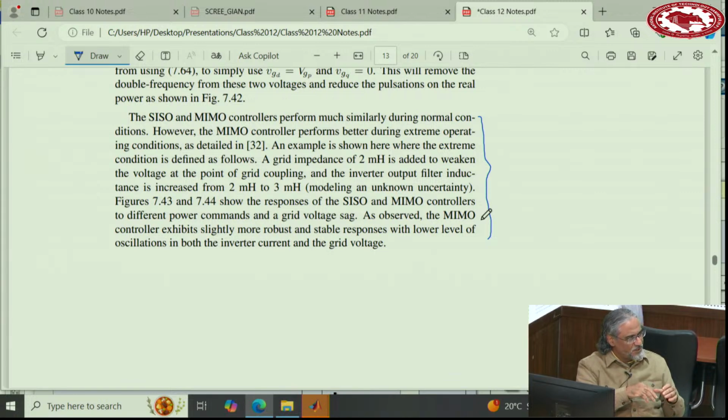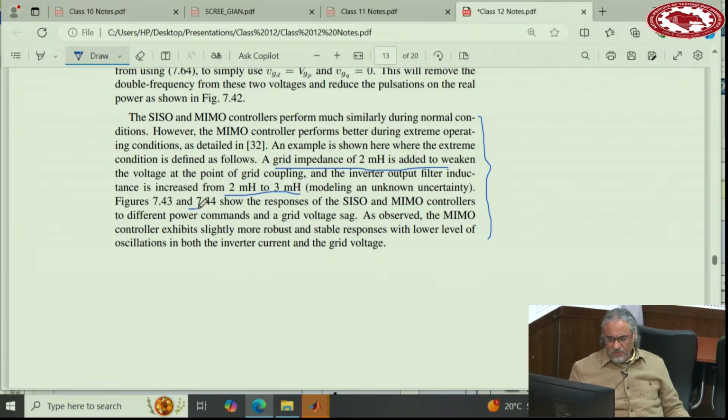The CISO controller starts losing stability and showing oscillations, but the MIMO works well. For instance, in one situation, a grid impedance of 2 millihenry is added, and the filter inductance is increased.